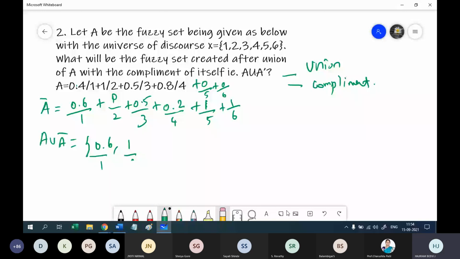Then 0.8, 0.2, maximum is 0.8. So here the maximum is 1, here 1. So A union A bar value is 0.6 by 1, 1 by 2, 0.5 by 3, 0.8 by 4, then 1 by 5, then 1 by 6. So this is the value of A union A bar.